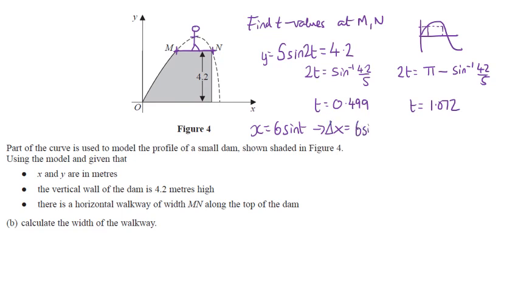So we've got 6 sine 1.072 minus 6 sine 0.499, and that's equal to 2.4 meters. So the difference between them is that. Okay, and that seems like a reasonable answer, doesn't it? 2.4 meters for a walkway. So always think about, does your answer actually make sense? And it seems to in this case.